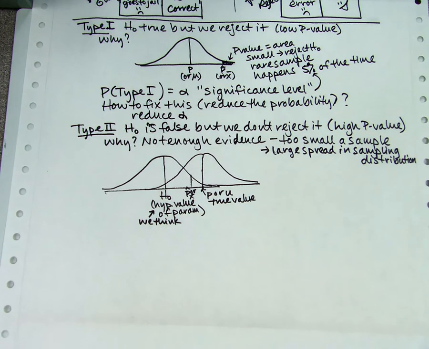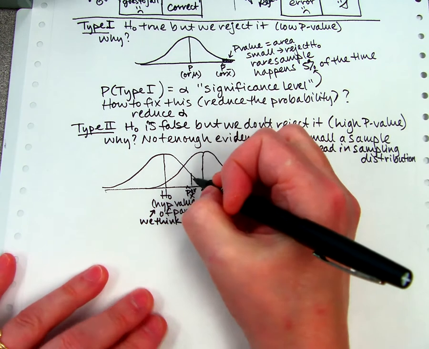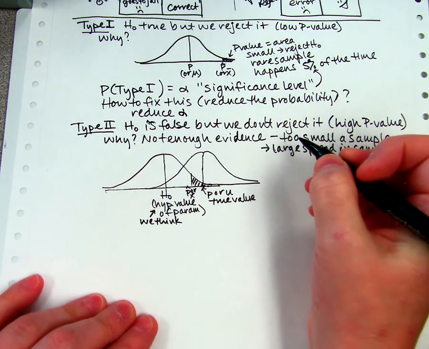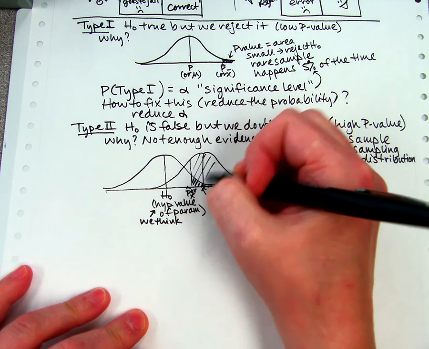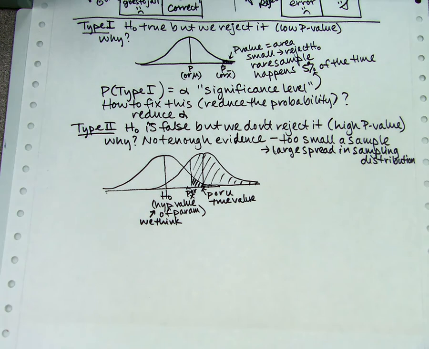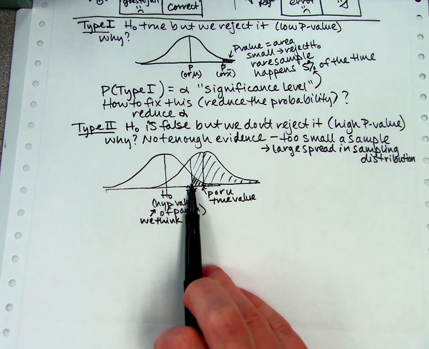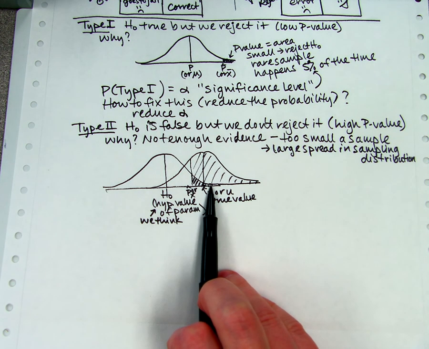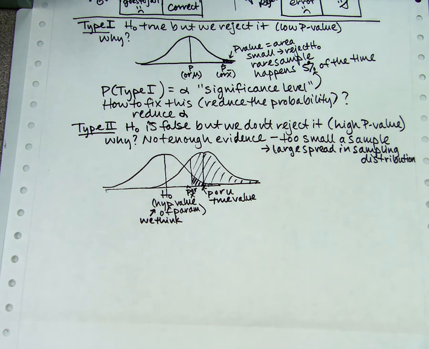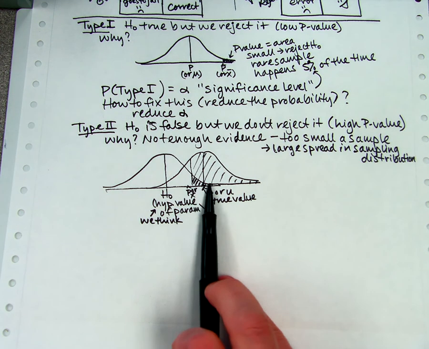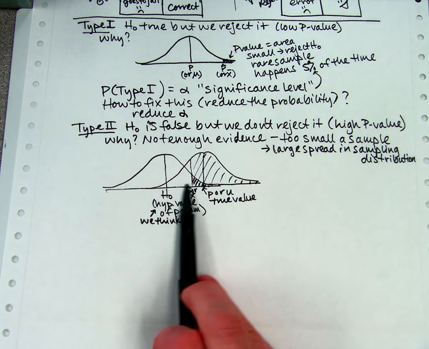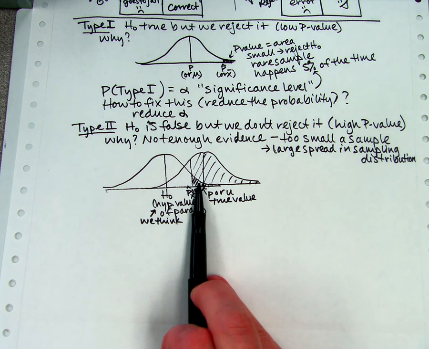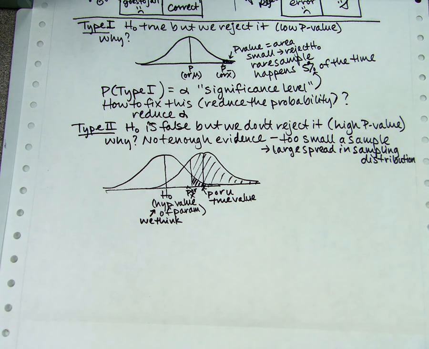And what's happening here is we calculate this little guy and it's bigger than 5%, but the chance of that happening is actually pretty large. So that's kind of weird. So basically what's happening is we calculate this value of the probability of being from here over, and it comes out bigger than 0.05. And so we don't have enough evidence. If we got something over here, then we would have rejected. But if we get something over here, then we're not going to reject. And maybe right there we would reject. So it's just like we're on the border somewhere.